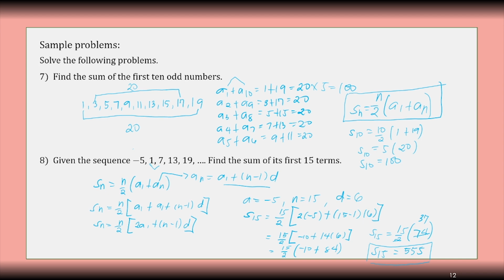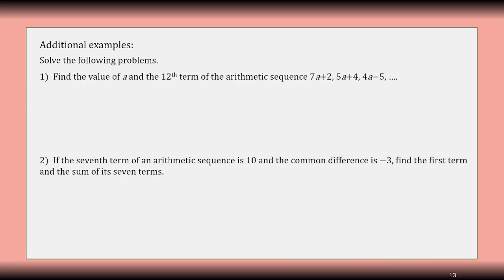Now let's proceed to the additional example. Find the value of a and the 12th term of the arithmetic sequence 7a plus 2, 5a plus 4, 4a minus 5. Since the given is arithmetic, may common difference pa rin tayo dyan. Ibig sabihin, yung ating a sub 2 minus a sub 1 must be equal to a sub 3 minus a sub 2.